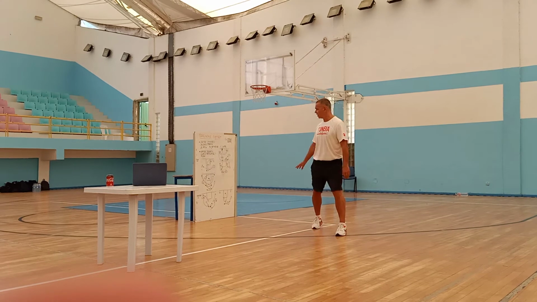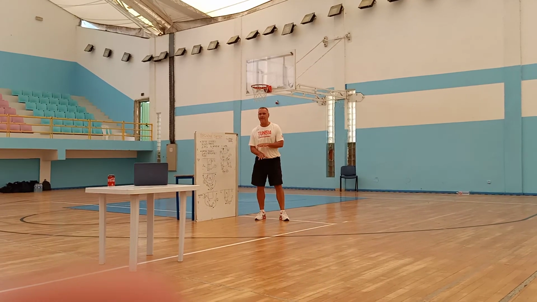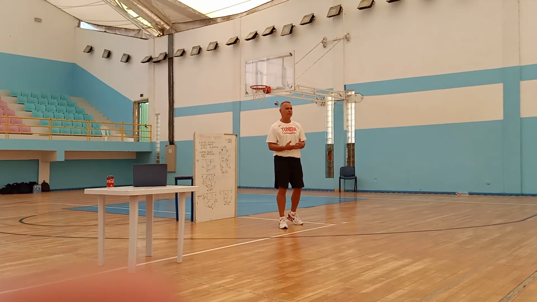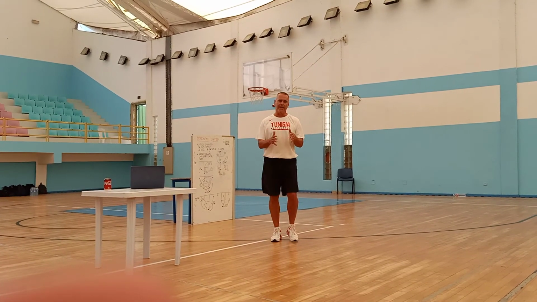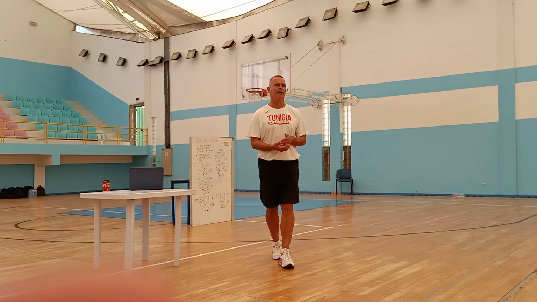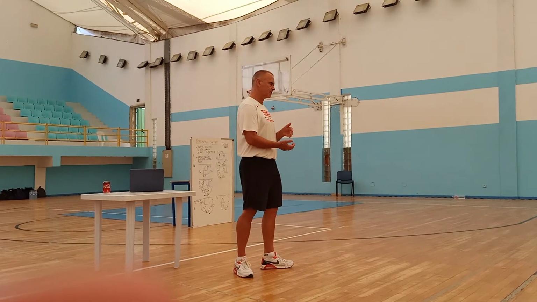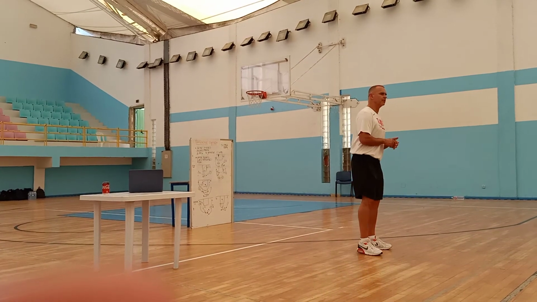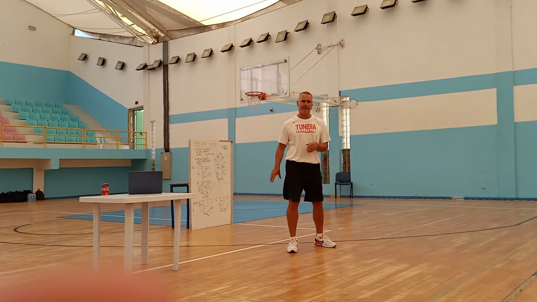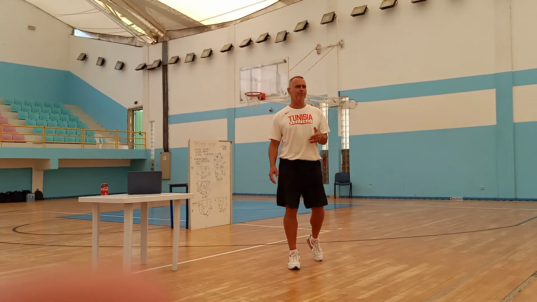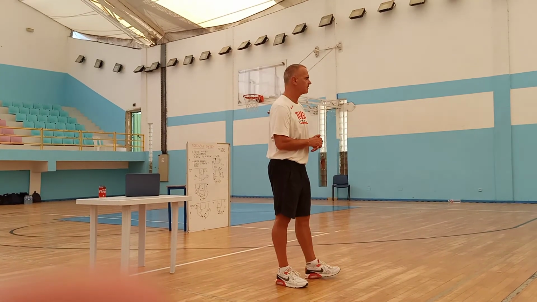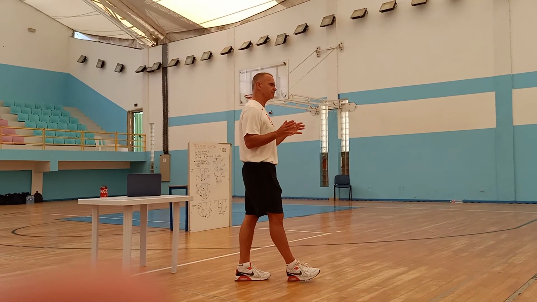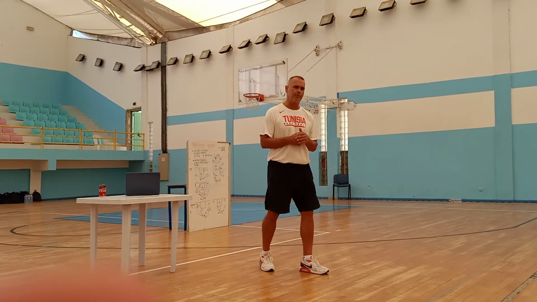Because when you run flow, this is more free flow, right? And everybody has his chances and opportunities. But late in the game, you want to make sure that certain players get shots from certain spots and that the ball is in the hands of certain players. And in order to be able to do that, you need set plays. And obviously you all know 1,000 plays that are probably better than mine.